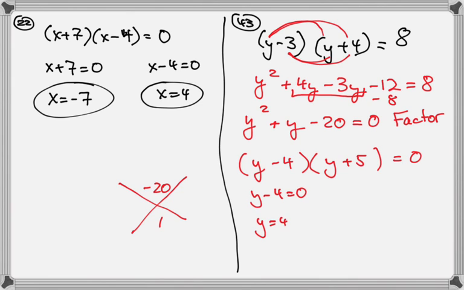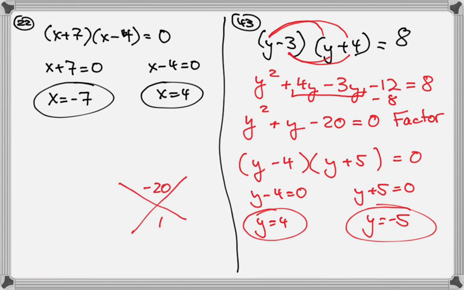We get y equals 4. y + 5 = 0 and we get y equals negative 5. So be careful. Okay. So this is the solving the equation part.